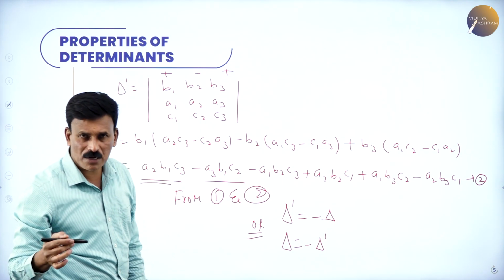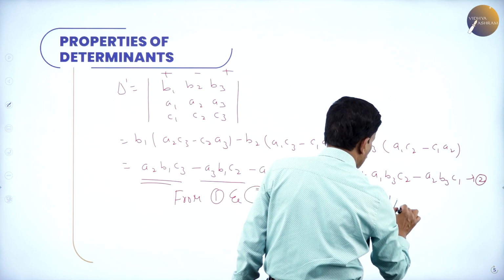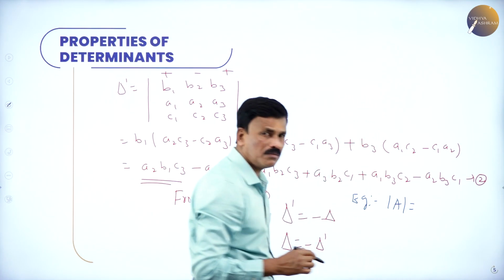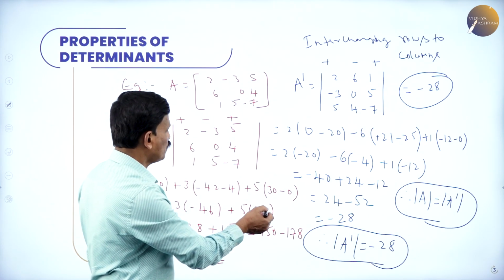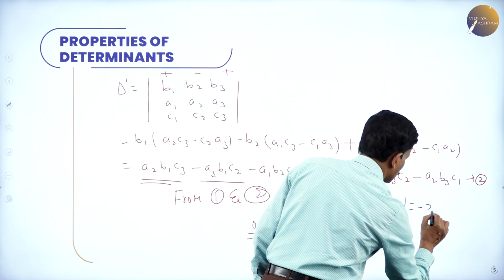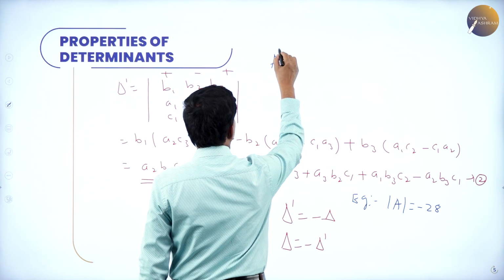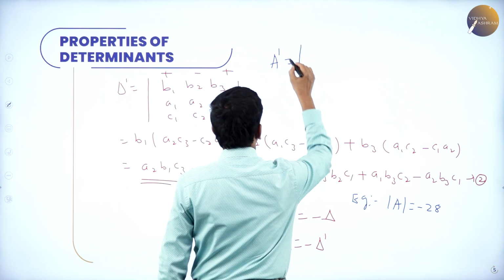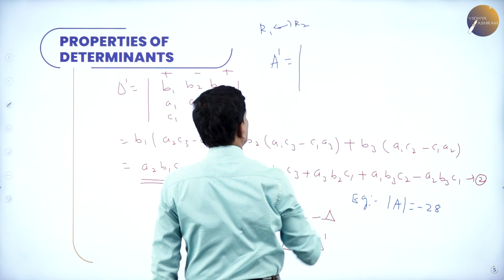Now let us take an example. For determinant A in the previous problem, what is the answer we got? Determinant of A is equal to minus 28. Now let us interchange. A dash is equal to interchanging R1 and R2.